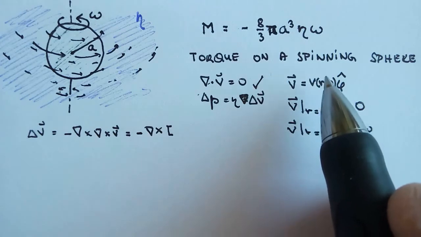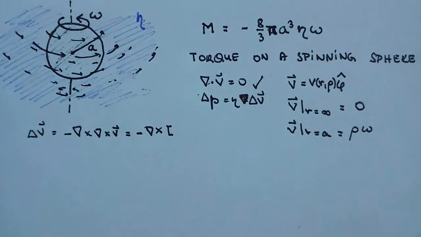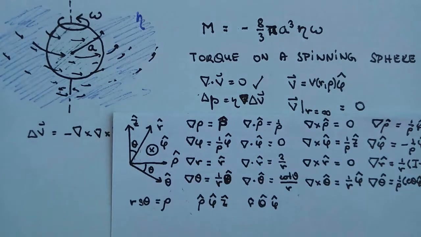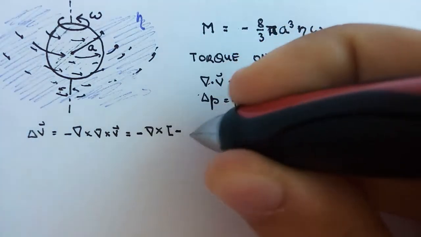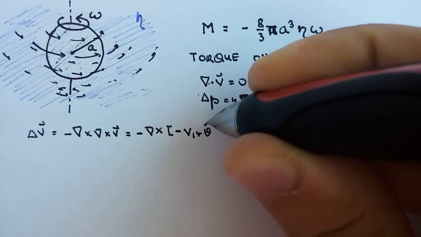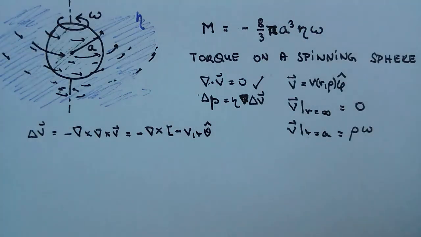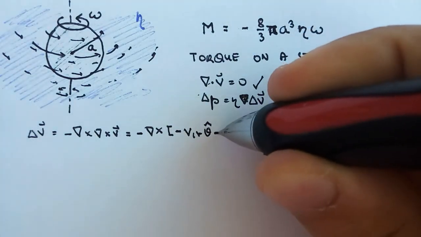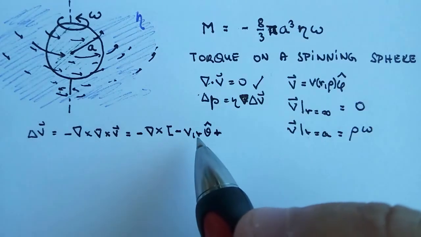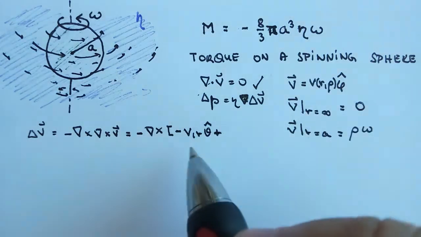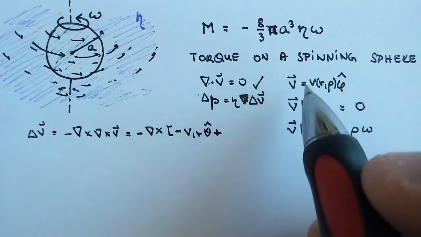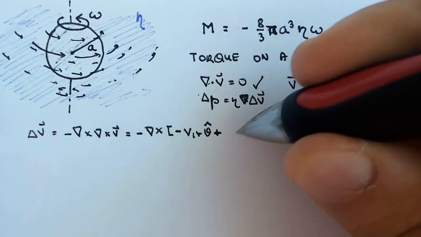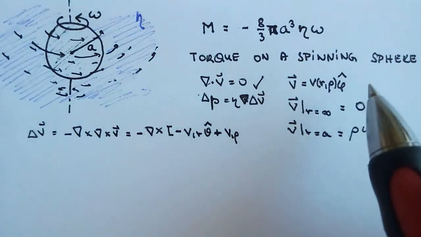So it's v with respect to r times r hat cross phi hat, which is minus theta hat, so v with respect to r times minus theta hat, plus the second term, v with respect to rho times rho hat cross phi hat.